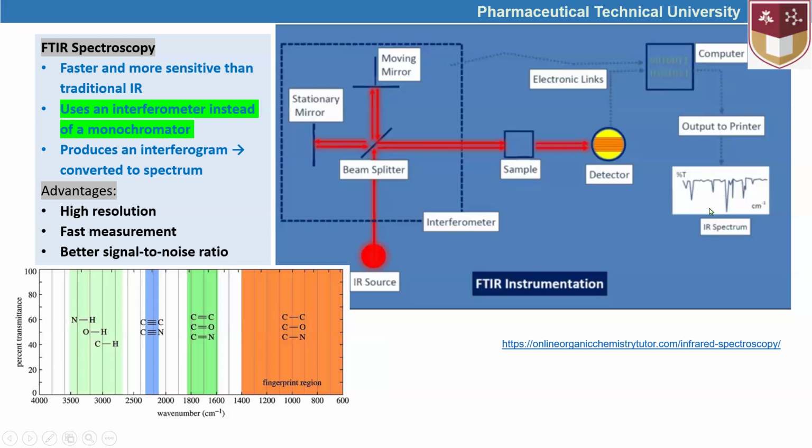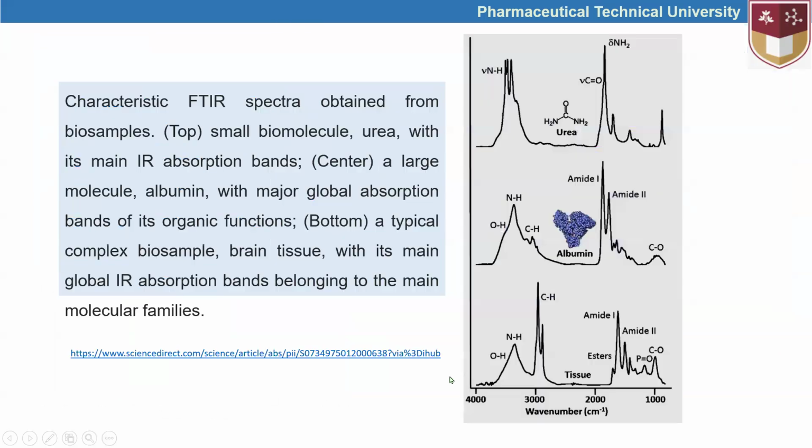So the spectrum obtained by using FTIR can look like something like that, and it can be of higher resolution compared to IR spectroscopy. And here we can see how we can interpret the results compared to different results.